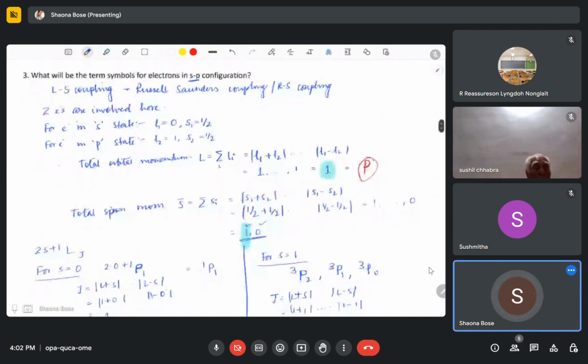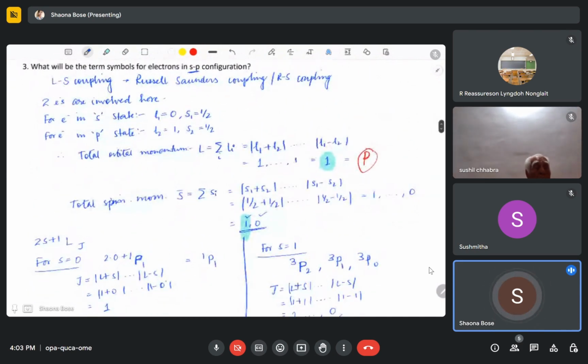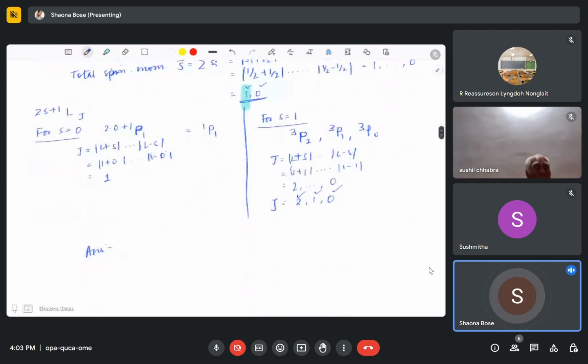Okay, so our final answer, for the question what will be the term symbols for electrons in sp configuration, is 1P1 and 3P. Either you can write this together like 210, or you can just write them separate.